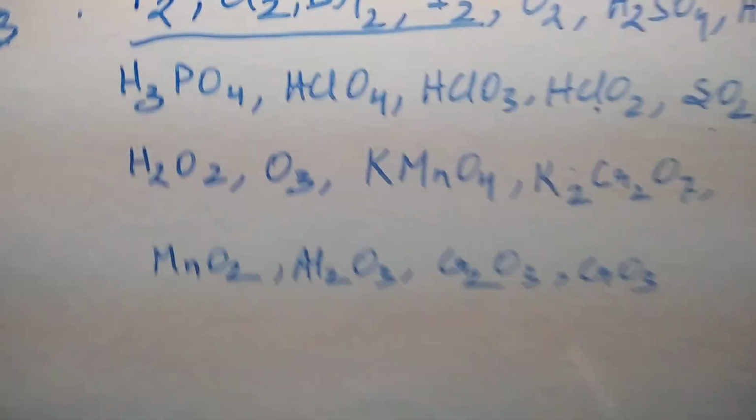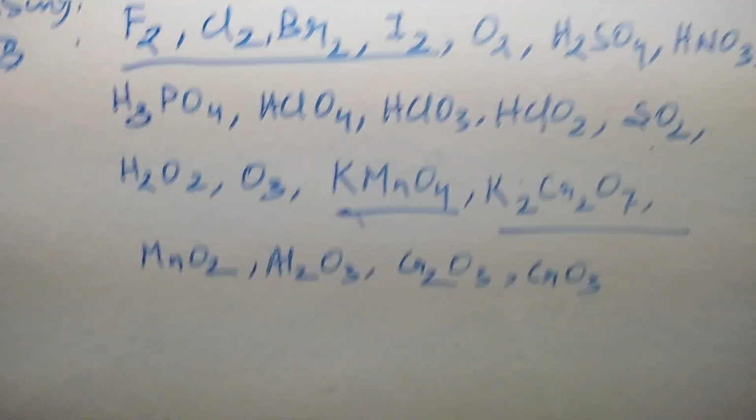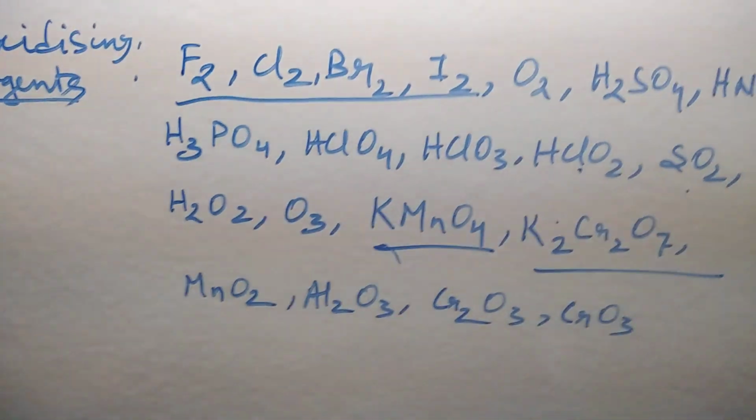Now from here, KMnO4 and K2Cr2O7, these two are the strong oxidizing agents.